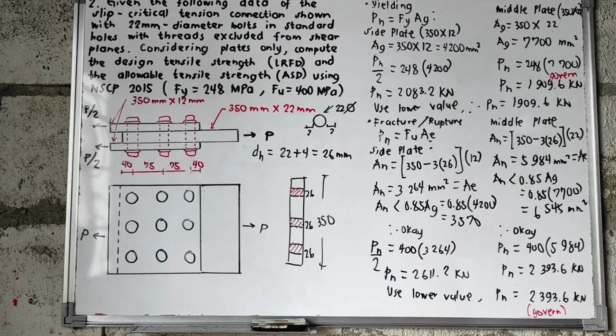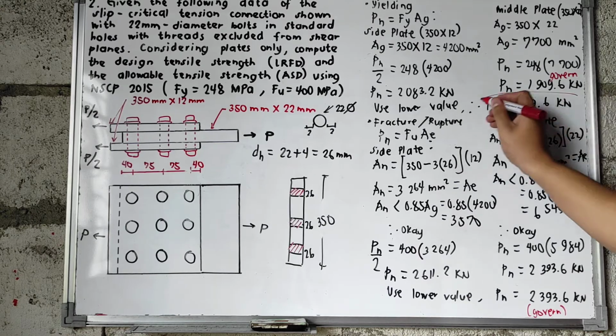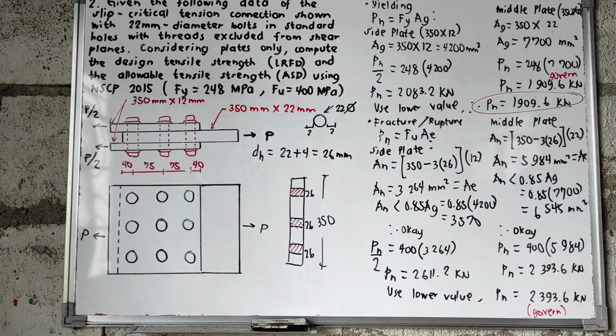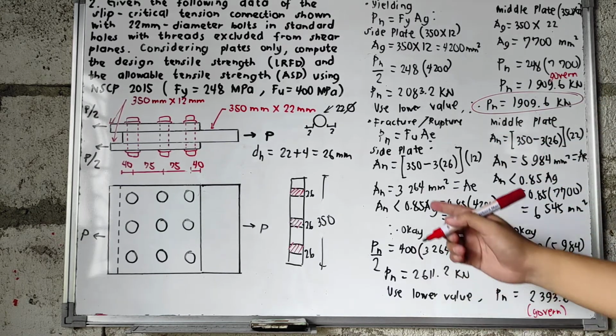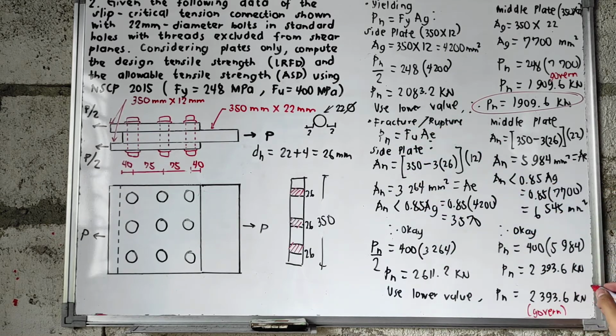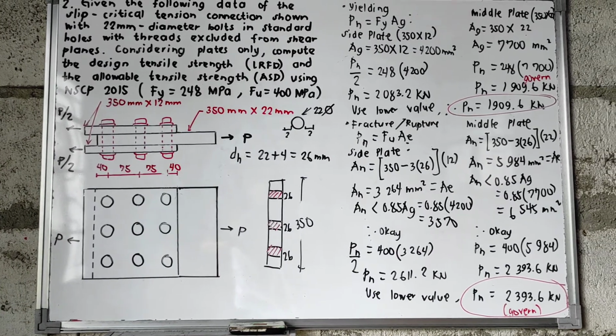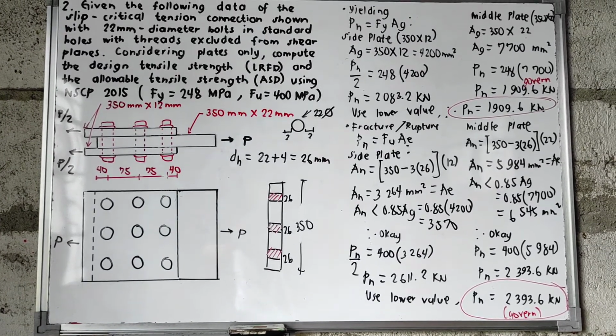So, nakuha na natin yung sa yielding natin na nominal. And at the same time, yung nominal strength natin sa fracture or rupture. So, ngayon, kukunin natin yung design tensile strength natin at saka yung allowable tensile strength natin.